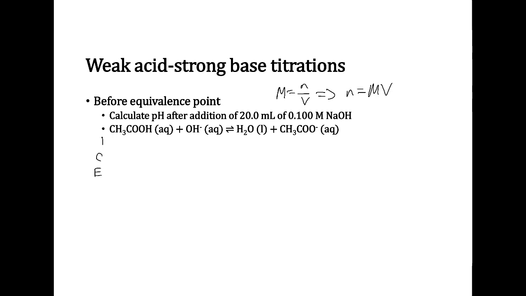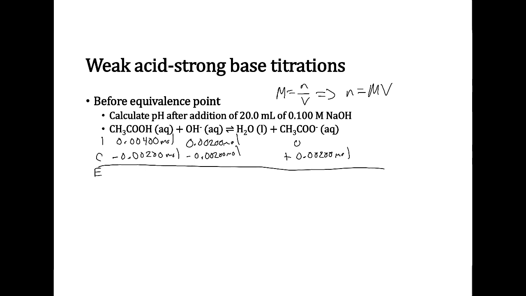So we'll plug in our initial concentration. We'll have 0.00400 moles of acetic acid, 0.00200 moles of hydroxide. We have 0 initial acetate, and then we'll subtract off the smaller number here. So this hydroxide will neutralize 0.00200 moles of our acetic acid. That means that we'll end up forming 0.00200 moles of acetate.